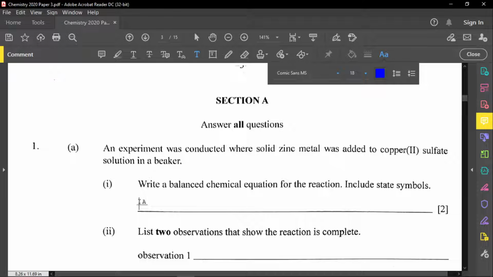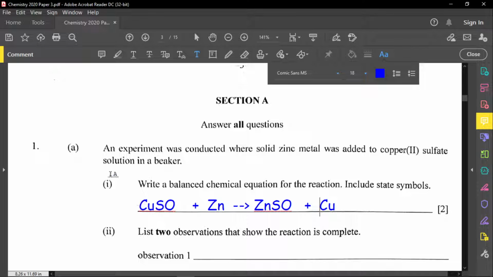We're going to have copper sulfate, which is CuSO4. Okay, I'm going to put the 4 on. That will react with zinc, which is Zn, and as a result you get zinc sulfate, again I'll put the 4 on, plus copper, which is Cu.